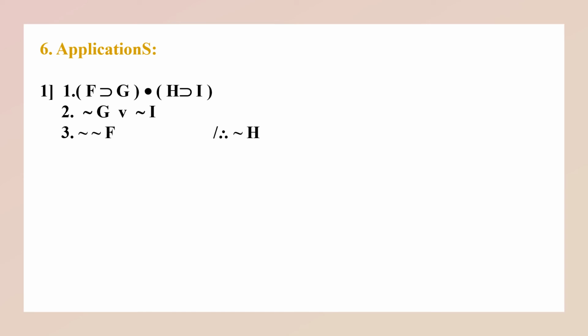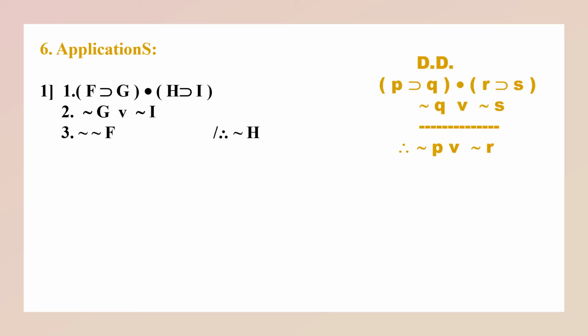Suppose the given argument is F implies G and H implies I, not G or not I, not F, therefore not H. So here you can see that two conditional statements are joined by a conjunction and we are having the negation of their consequence. So we can derive the negation of their antecedents by DD method.